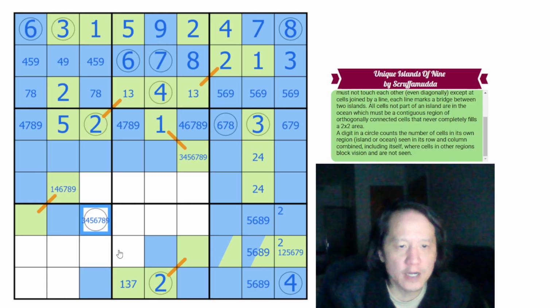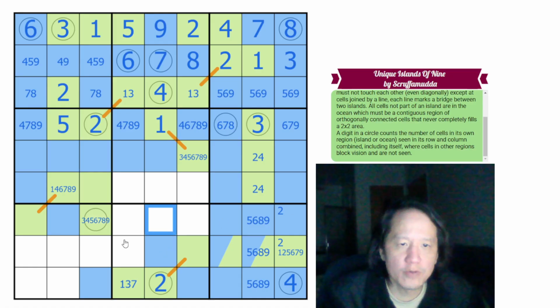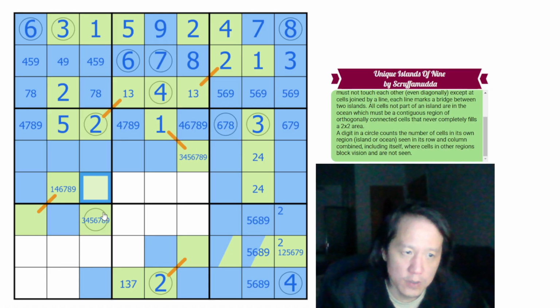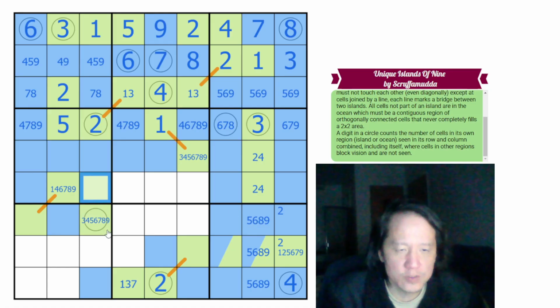Say this was an island, then it would have to connect to this island, right? And the problem is it would have to see another island. So this would have to be 3 at least. This would have to be at least 4. So if this were an island, it has to connect this way.